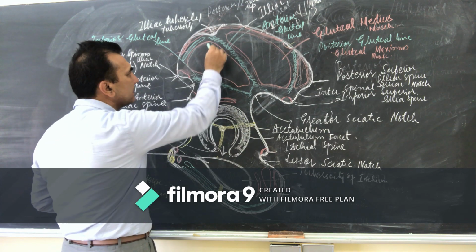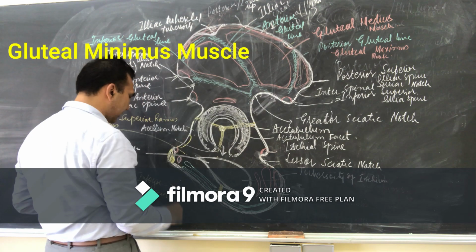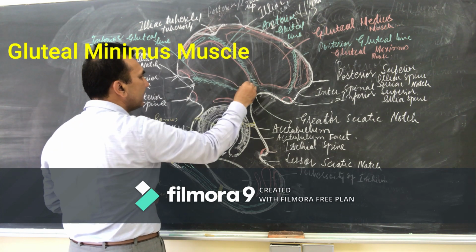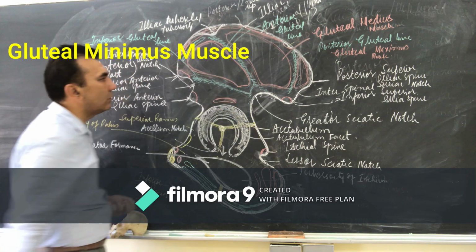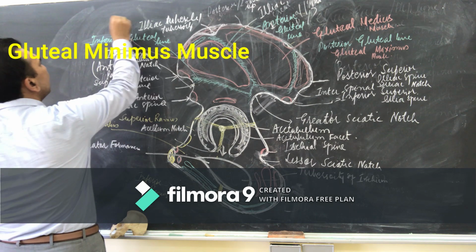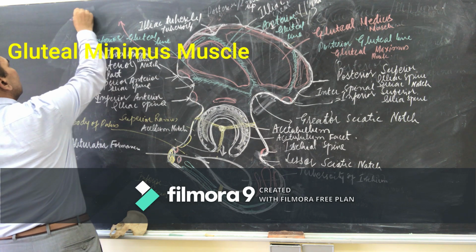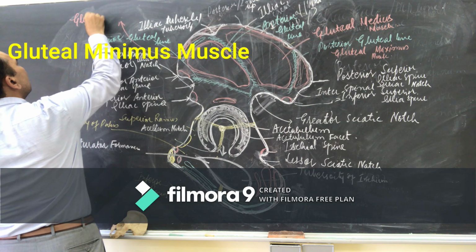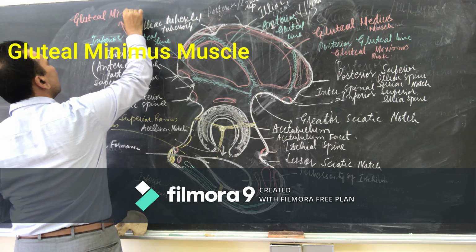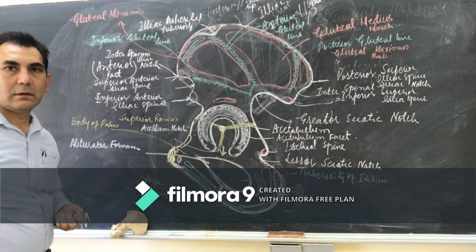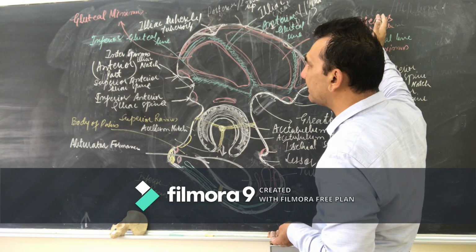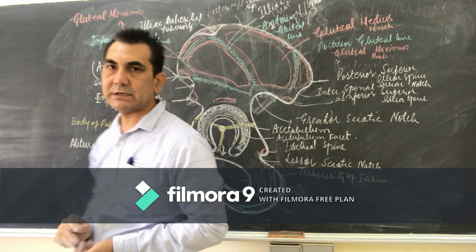Now, in front of the anterior gluteal line up to the inferior gluteal line, this whole area is for the attachment of another muscle, and the name of this muscle is the gluteus minimus.